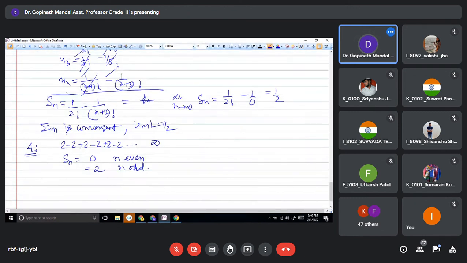That means Sn does not tend to a unique limit. Therefore, the given series is oscillatory.